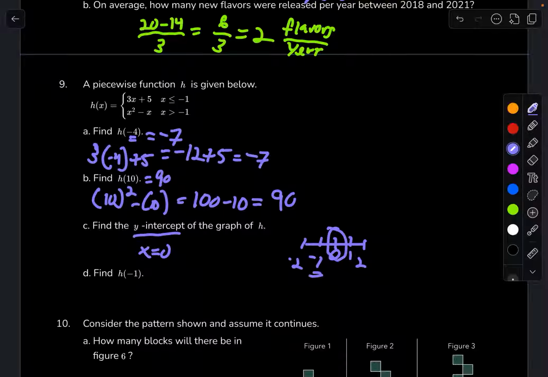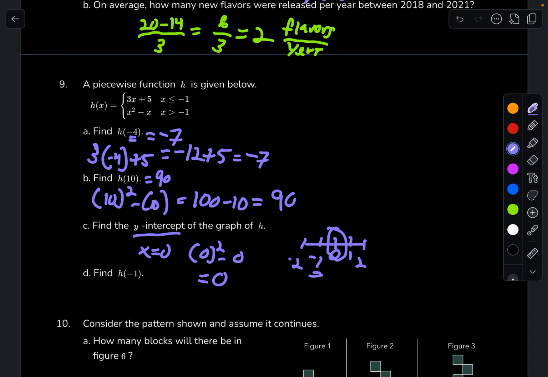That means 0 is larger than -1. So we're forced to use the bottom piece. Even though a lot of times kids get hung up and they get confused and they think -1's larger than 0. They think 0 is the smallest number, which it's not.